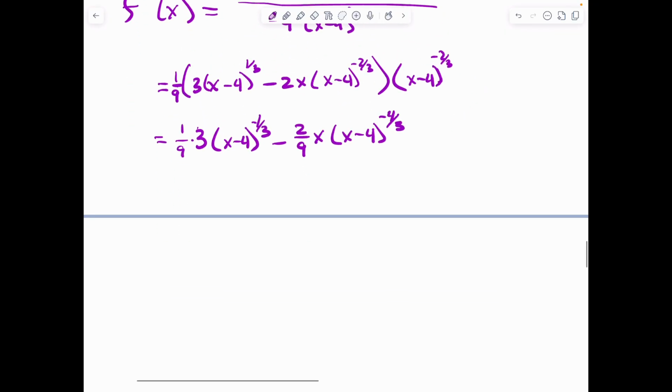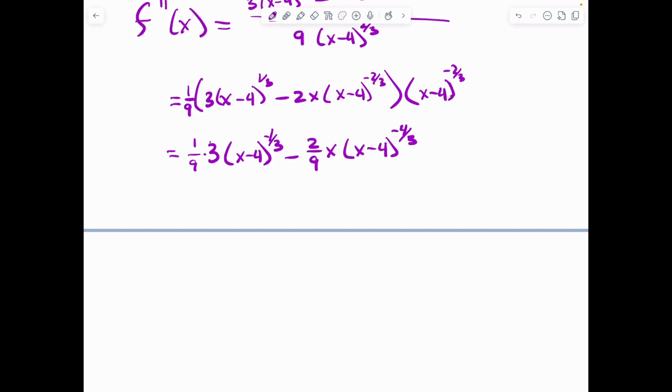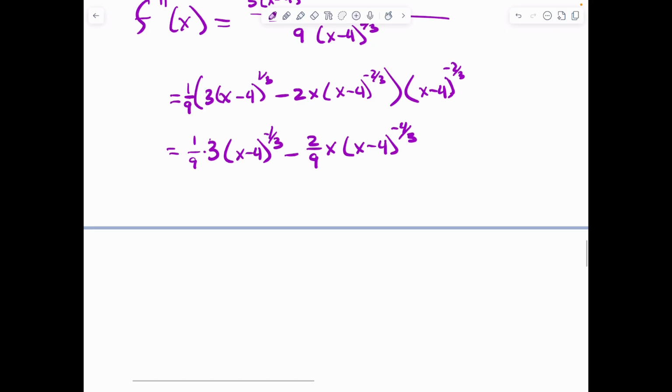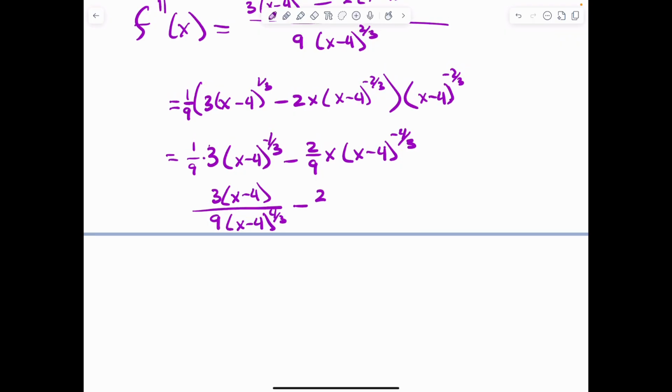I probably could have done this much easier another way. So this is going to be 3 times x minus 4 over 9 times x minus 4 to the 4/3, minus 2x.